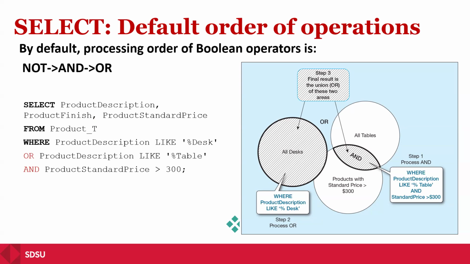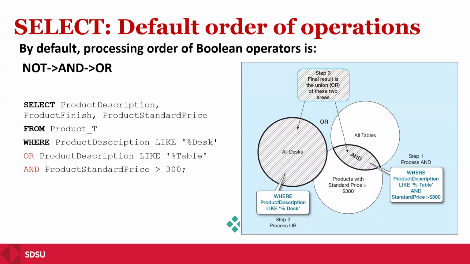We have AND between product description like table and product standard price greater than 300. So this AND operator is going to be executed first, and then we're going to execute the OR operator.